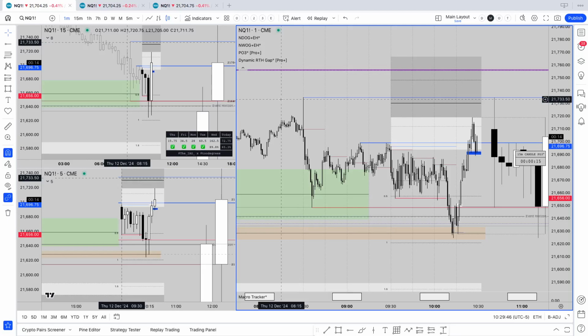I'm glad that we chopped all the opening and we were anticipating that and we basically called the move. So it was nice.